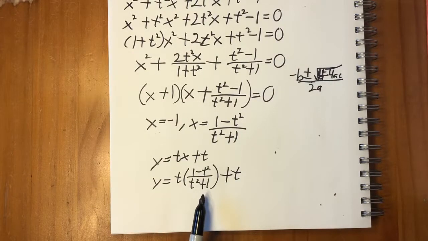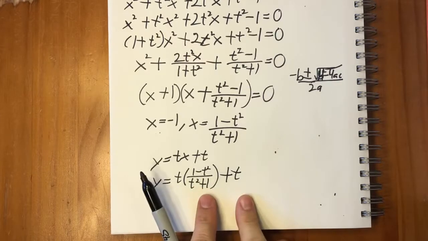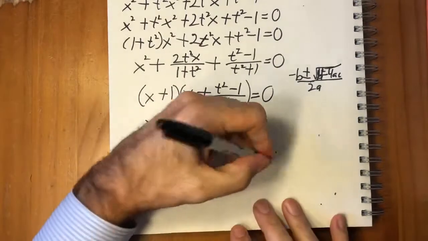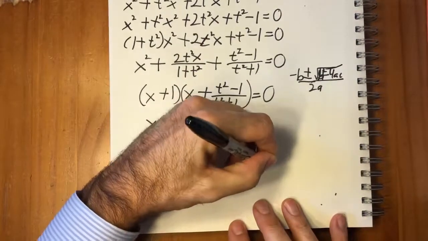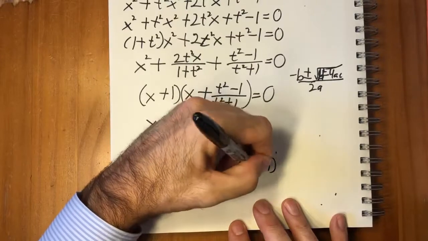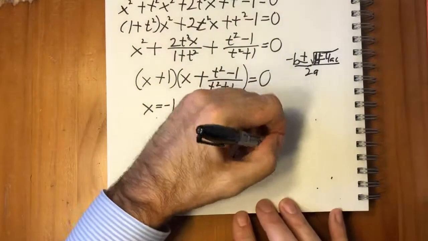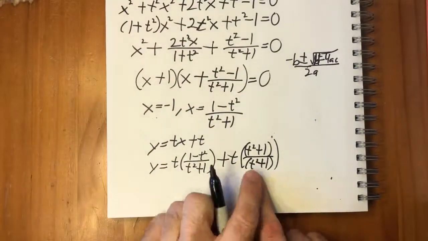The next thing to do is make a common denominator here. So we'll multiply this top and bottom by t squared plus 1. That's 1, no problem.